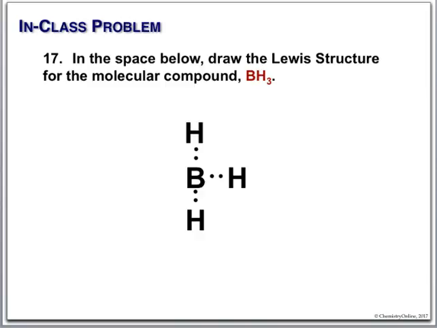Going to convert these into line bonds now. And this is our Lewis structure. Remember that boron is an exception to the octet rule. It would dearly love to have 8 electrons, but it can only have 6.